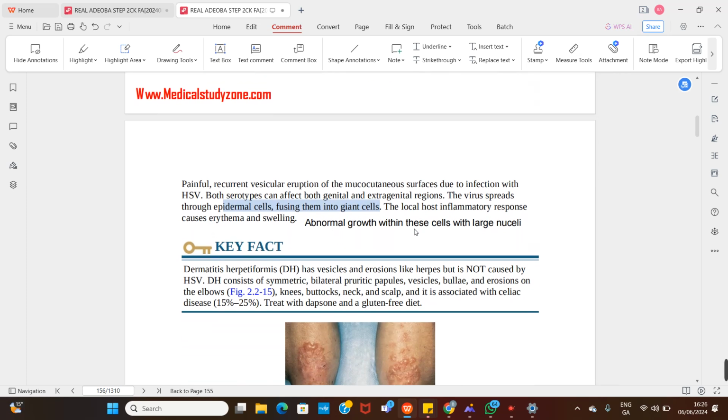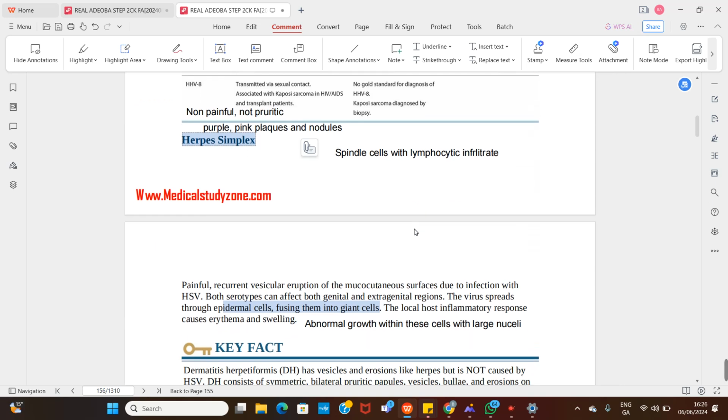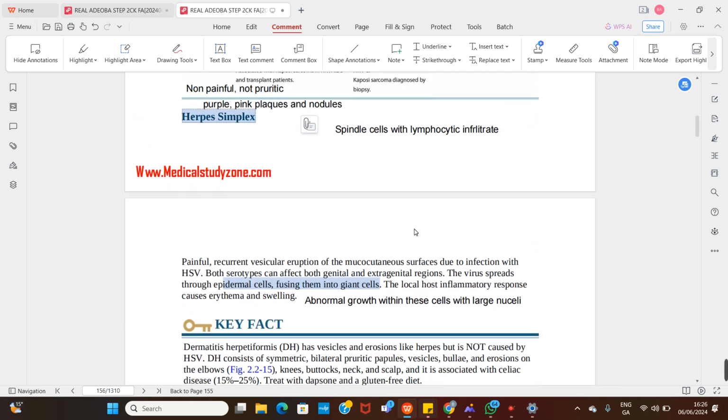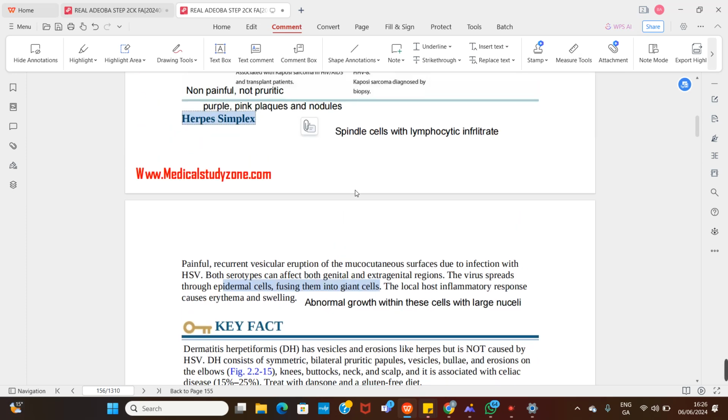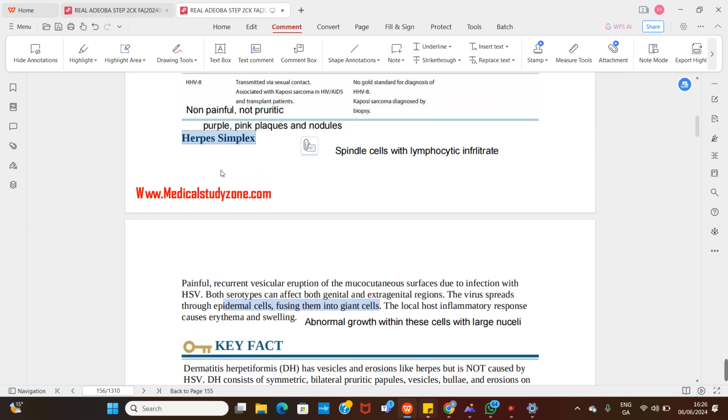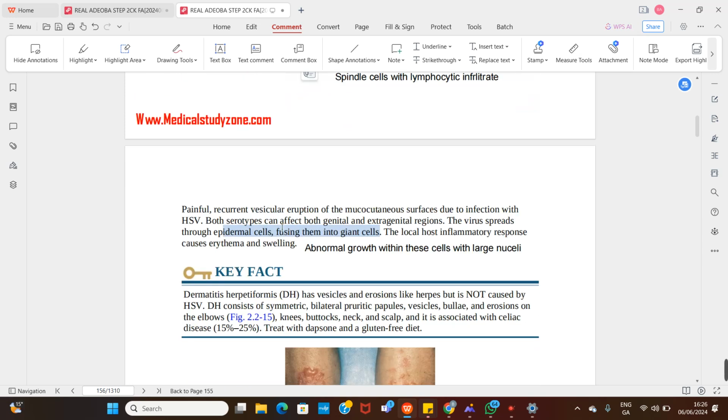Okay. So looking at them one by one again, I'm just dilating a little bit on them. The herpes simplex generally causes painful recurrent vesicular eruptions of the mucocutaneous surface due to infection with HSV. Yeah, we have said that already.